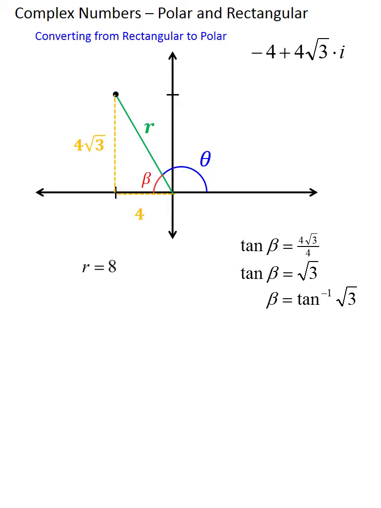And using basic trigonometry, I found out that beta is pi over 3 radians, or 60 degrees. But theta is going to be 180 minus beta, or pi minus beta in radians.